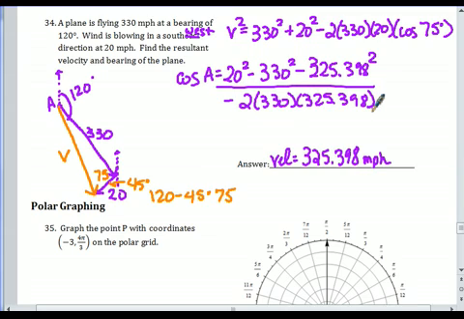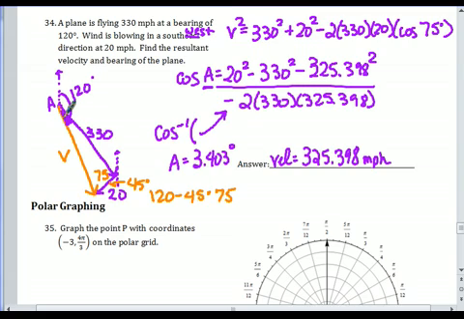If you put all of that into your calculator, you are going to get a decimal number less than 1. But remember, we are looking for an angle, and anytime you're looking for an angle, we must do the inverse. Inverse cosine of whatever you get from all of this in your calculator. And when you put that in, it should give you that angle A is equal to 3.403 degrees.